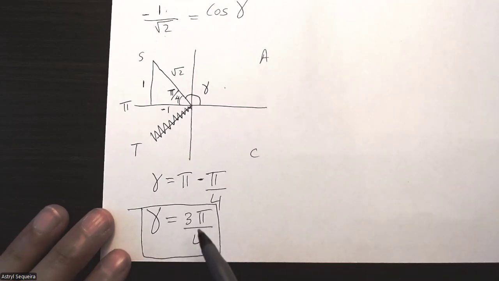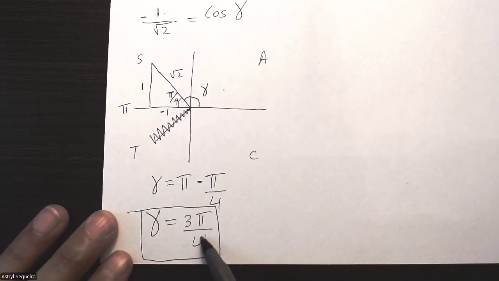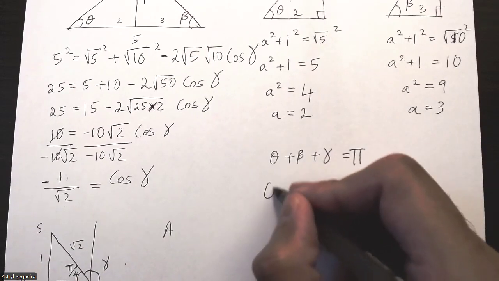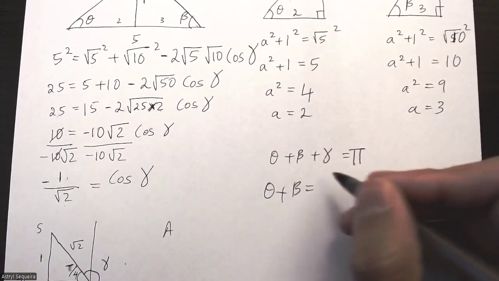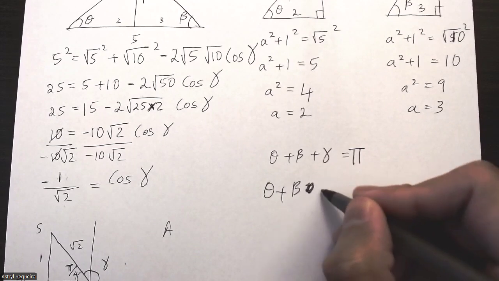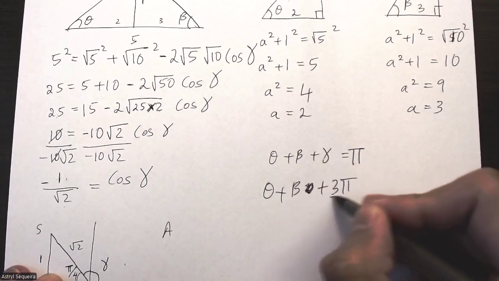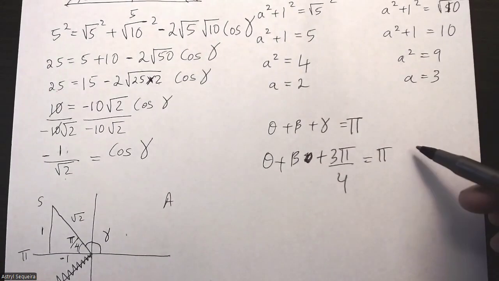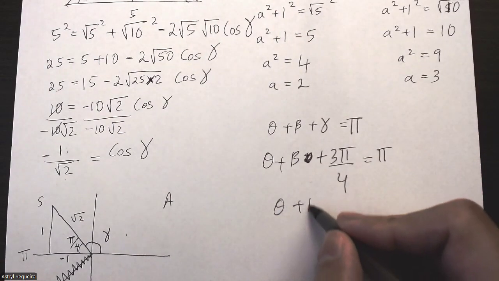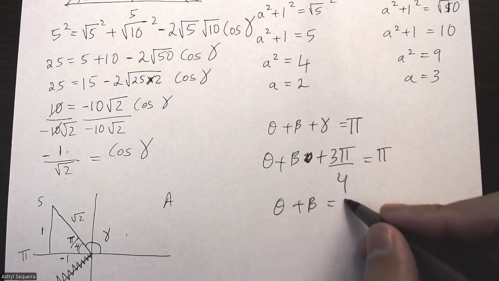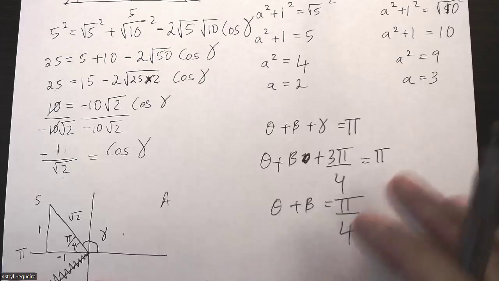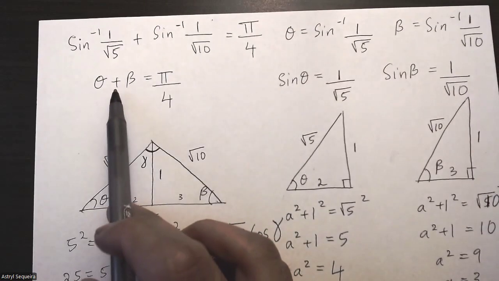Now that I've found my gamma, I can use it to find what theta plus beta is. Over here, I'm going to replace my gamma with 3 pi over 4. Then I'm going to subtract it on the other side. Pi minus 3 pi over 4 is just pi over 4. And now, as you can see, I've pretty much proved the identity.